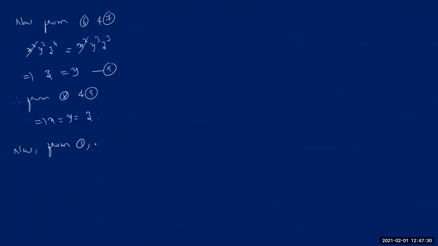I'm keeping x as it is, but instead of y and z, I'm substituting x. So we get 2x plus 3x plus 4x is equal to a. This implies 9x is equal to a, and x is equal to a divided by 9. So y and z are also equal to a by 9.